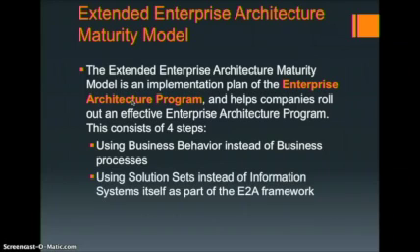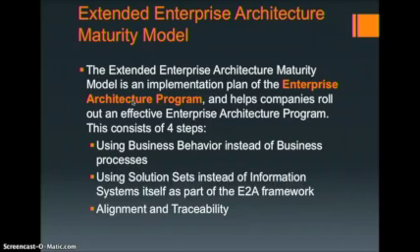The second step is using solution sets instead of information systems itself as part of the extended enterprise architecture framework. Instead of using information systems or applications, we have to refer to solution sets that can be supported by information systems. The third point is about alignment and traceability.